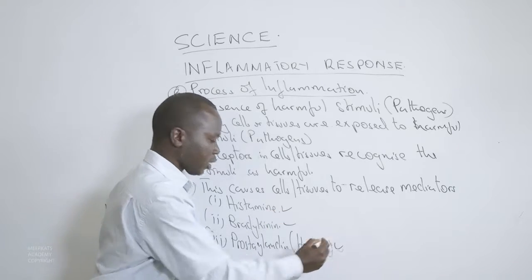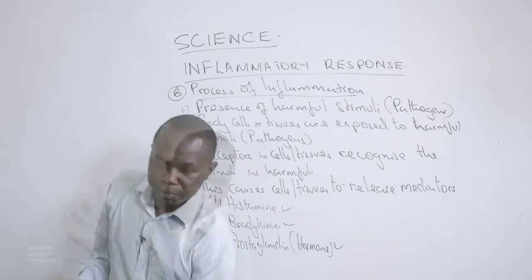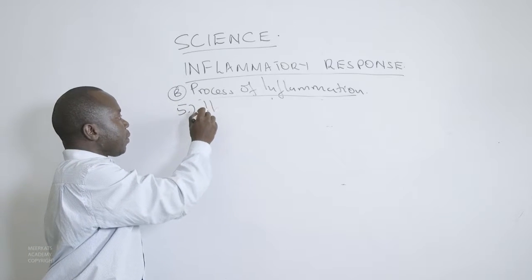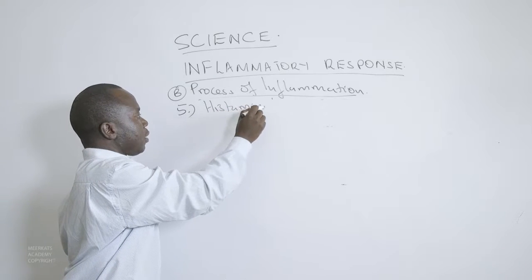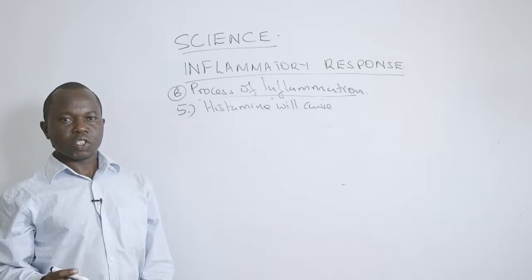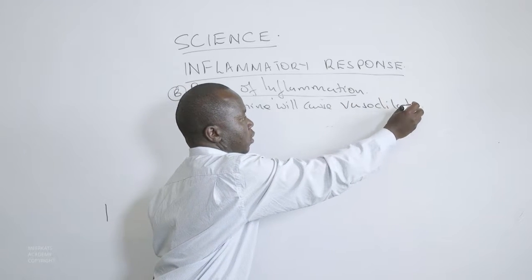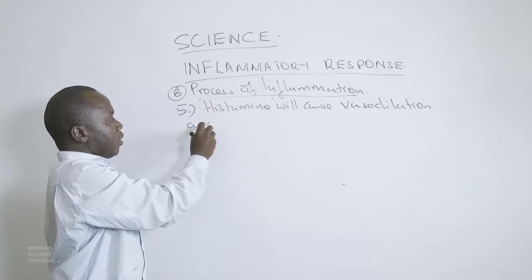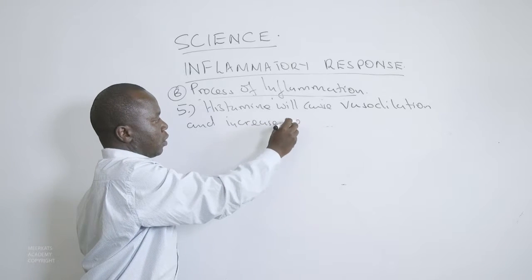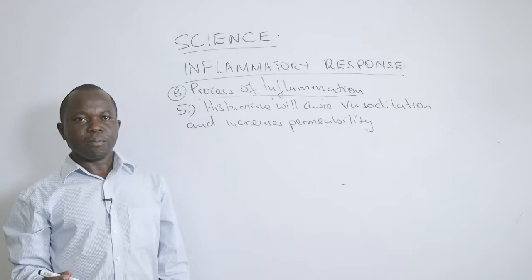So I want to find out the effect of each of these, histamine, in our subsequent stage. So the effects of those mediators will include: histamine will cause vasodilation and increased permeability of blood vessels.